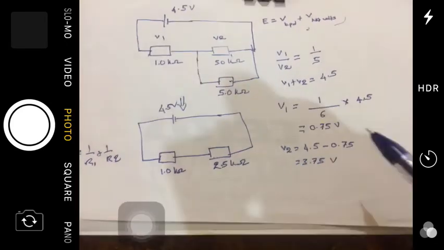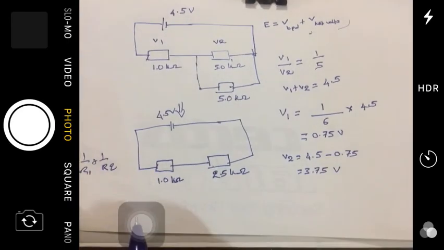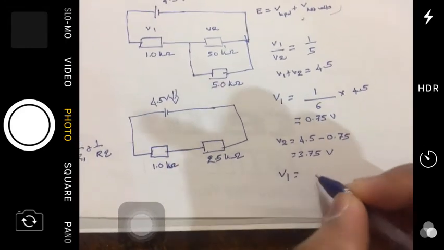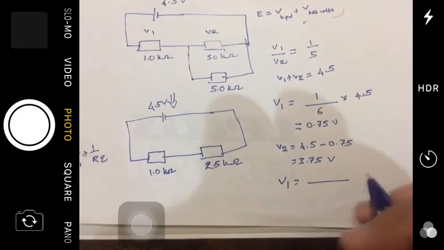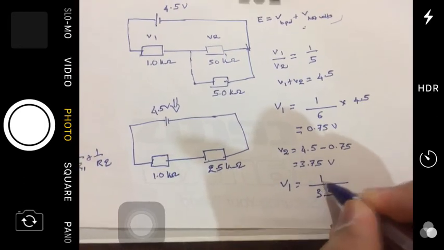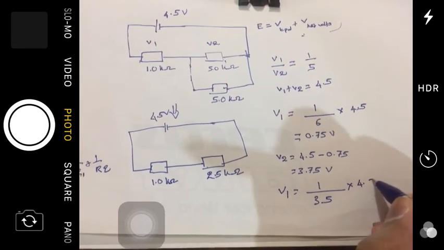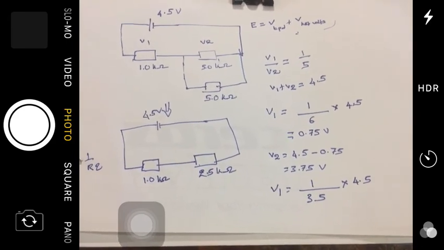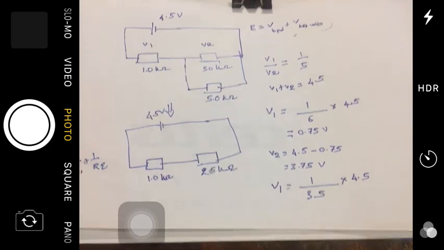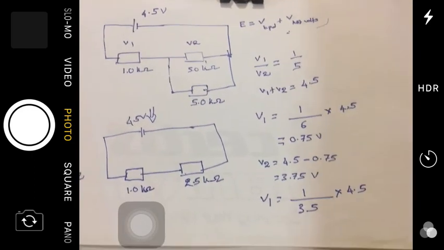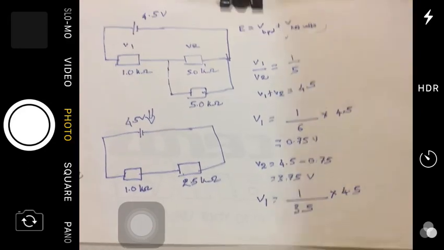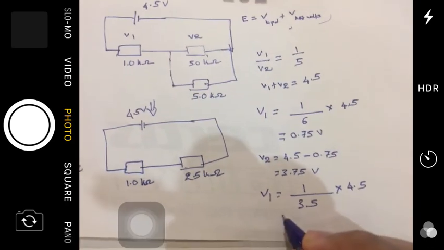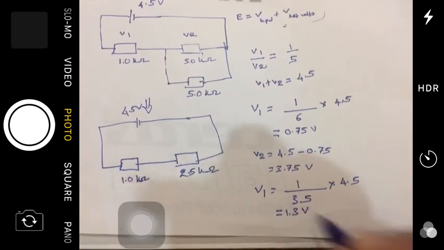Now just the same things, but you have different numbers here. So the new V1 would be, now 1 plus 2.5 is 3.5, times 1 times 4.5 volts, that's approximately equal to 1.3 volts.